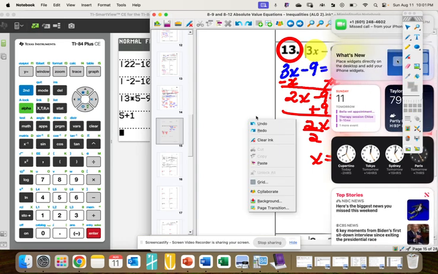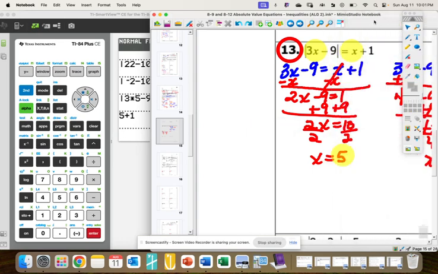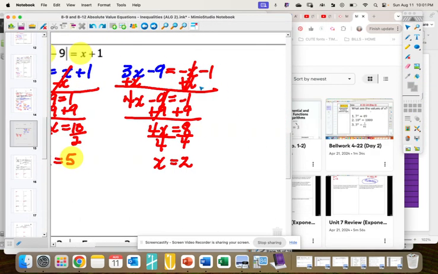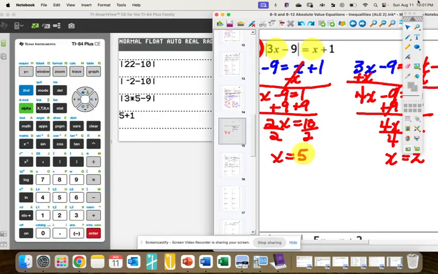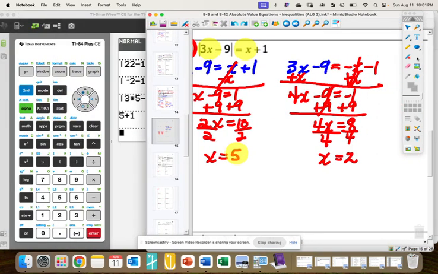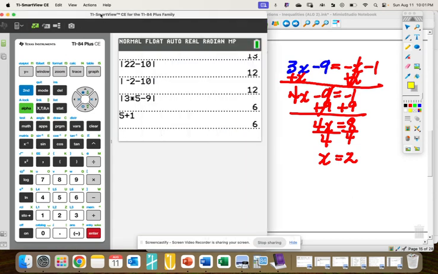Now I need to do this side right here. On this side, I have the solution 2. So I'm going to go back to my absolute value bars. 3 times 2 minus 9 is 3.